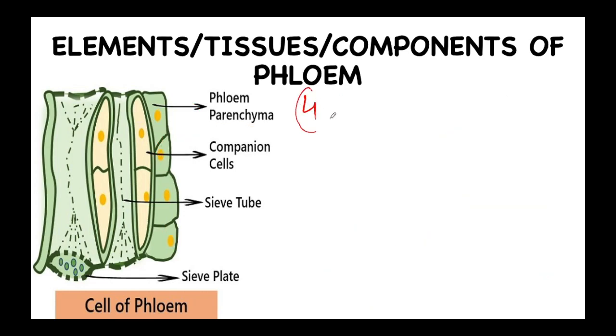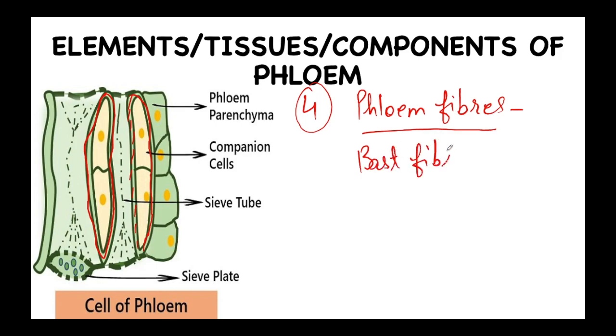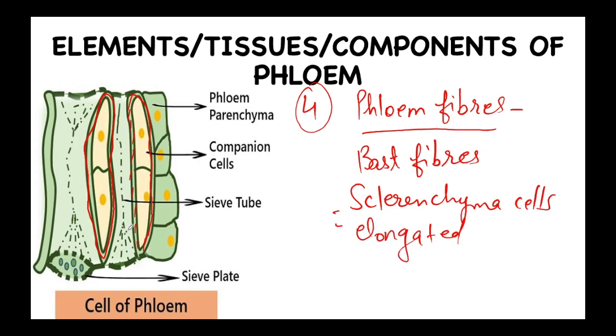Now the fourth type of element is phloem fibers. Phloem fibers are present here in this space. Phloem fibers are also known as bast fibers, and they are made up of sclerenchyma cells. They are elongated and they have pointed apexes.